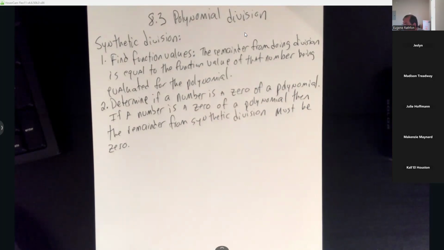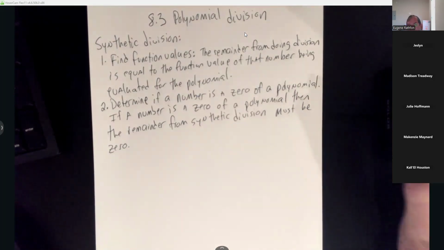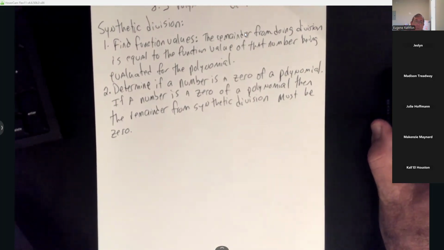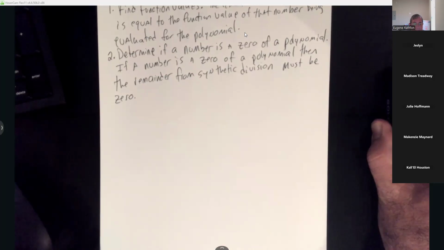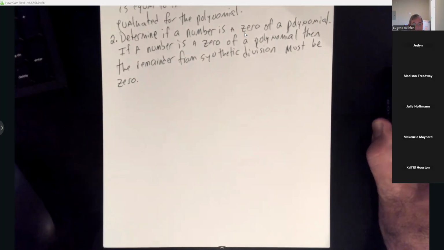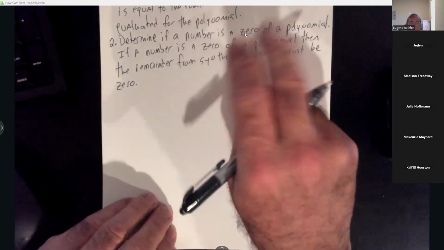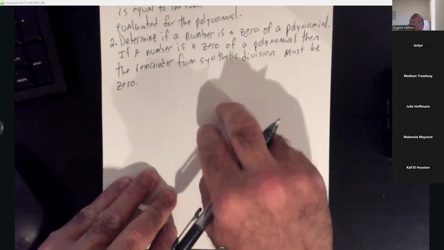So if a number is a zero of a polynomial, when I do my synthetic division, I better get a zero remainder on it, okay? So y'all, what I'm going to show y'all next is actually how to do synthetic division. And I'm going to do it on a problem and we'll write out the steps as I'm doing it, okay?